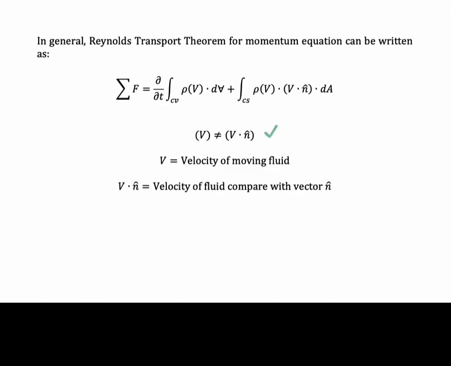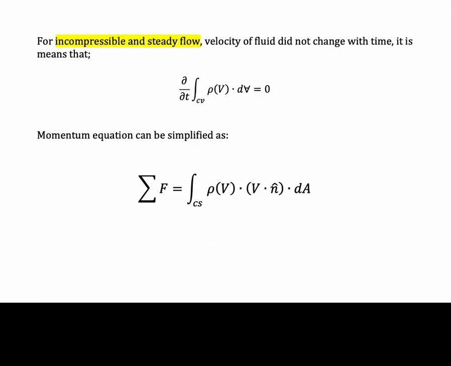And then the symbol of this one is the volume. So normally in handwriting, I advise you to write it like this one. So V with a bar here is volume, but V alone is velocity. And then in this situation, we will focus on incompressible and steady flow.